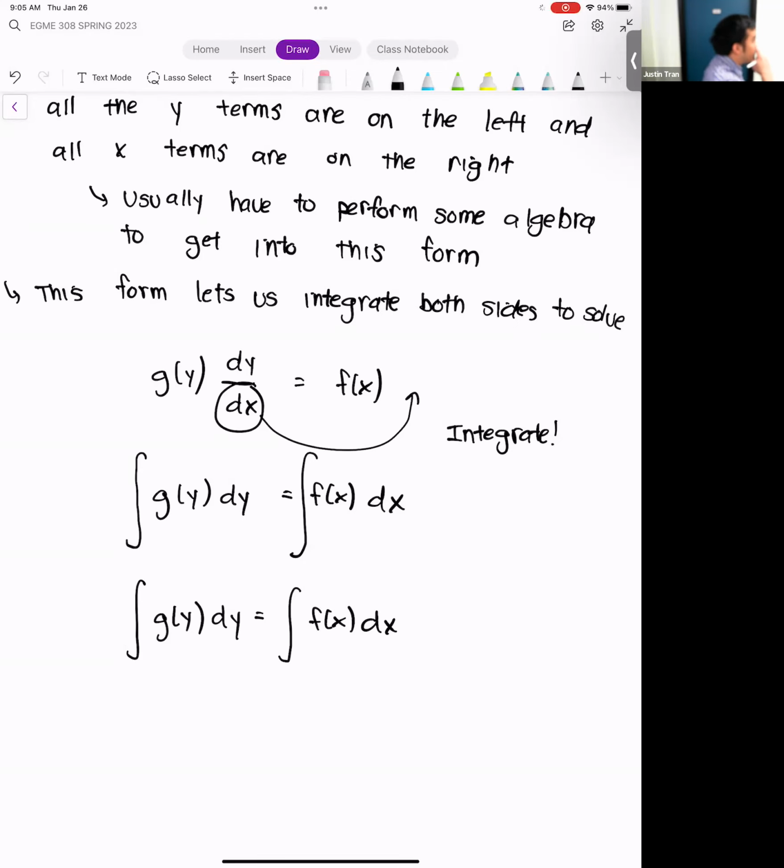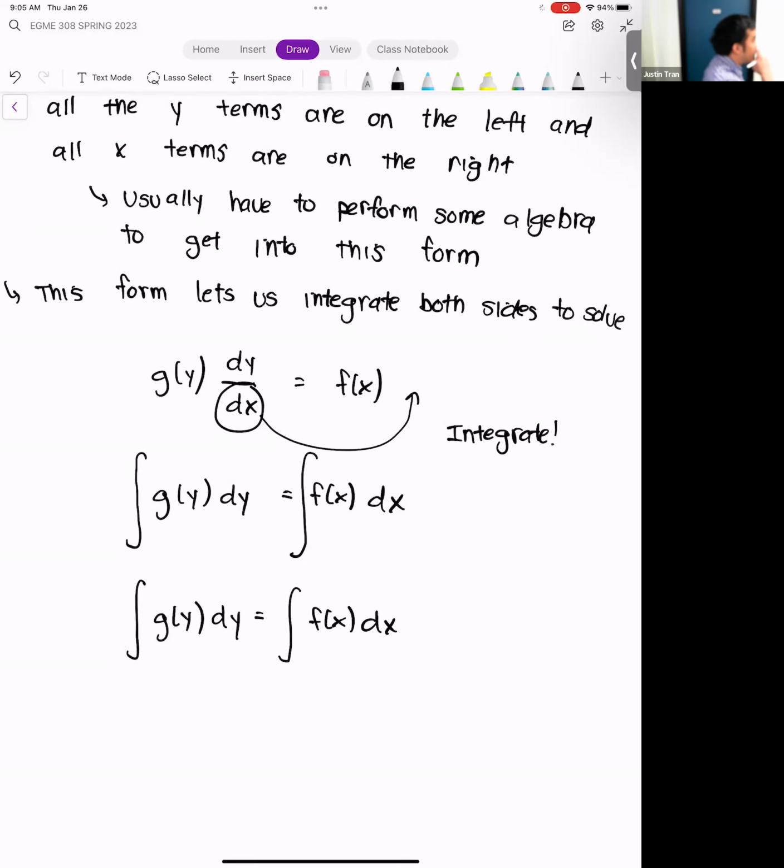So this c right here is an arbitrary constant that results from the fact that we did an indefinite integral. You can't forget that. That is something that's really important.